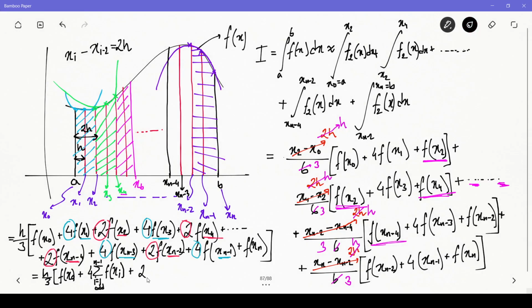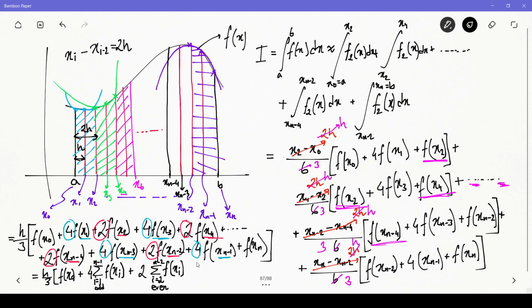So let's write that down in a more compact form. We can write 2 times the summation, with i starting from 2 up to n minus 2, right? And if the value of i is even, I'm walking on eggshells over here. So if the value of i is even, and if it ranges from 2 to n minus 2, we multiply the functional value of x sub i with 2 in our compact version of the formula.